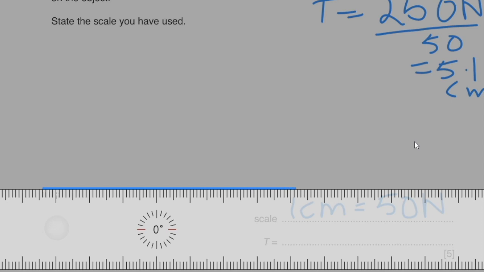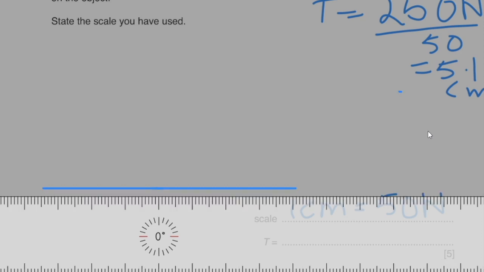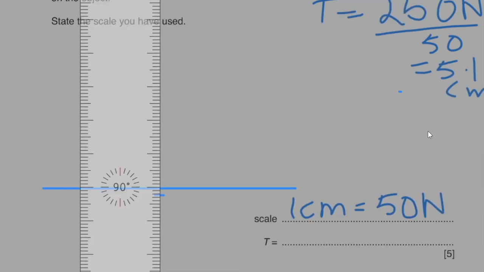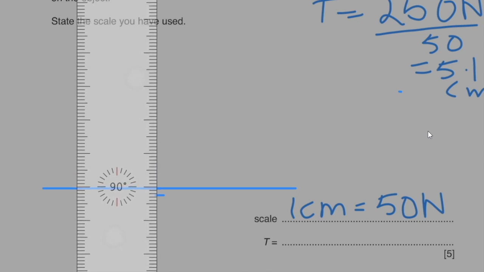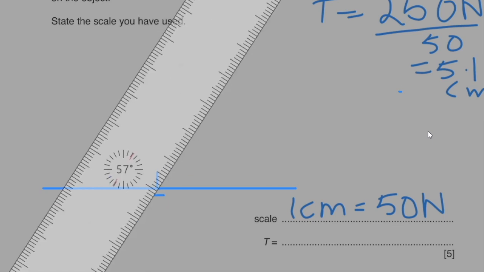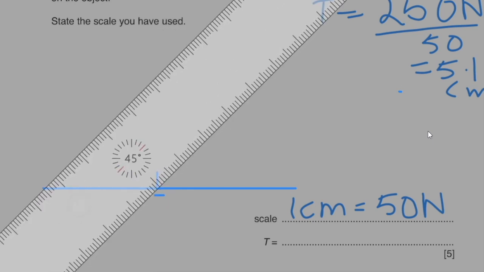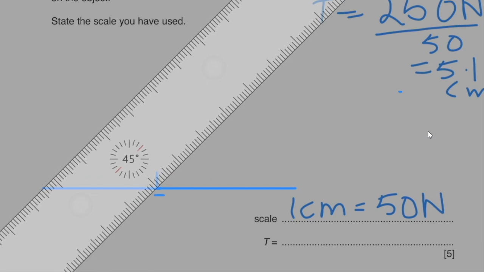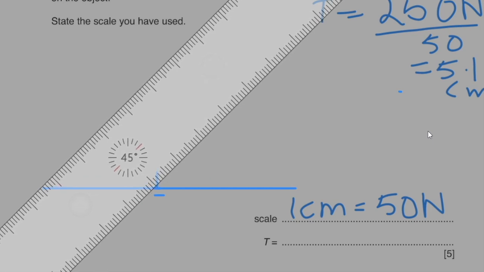This is the center of my scale. Alright, so here is my center of the scale. I'll draw a line which is 45 degrees from the center, and it's supposed to be 5.1 centimeters long.